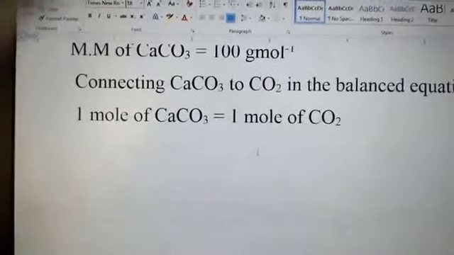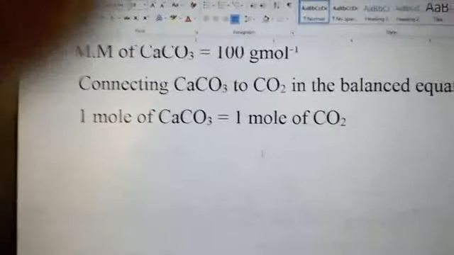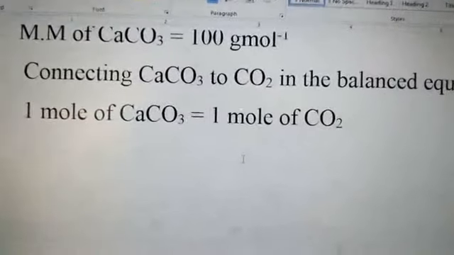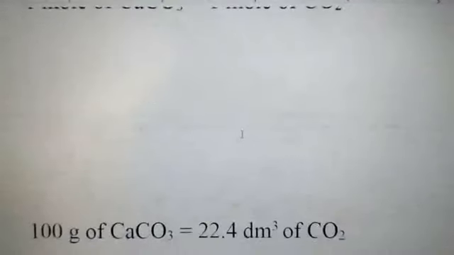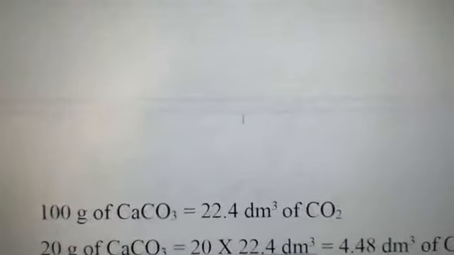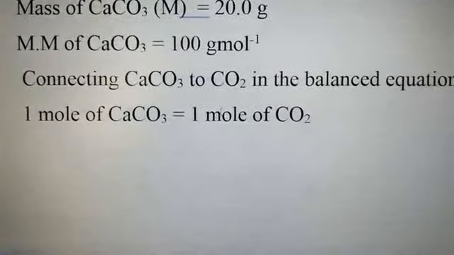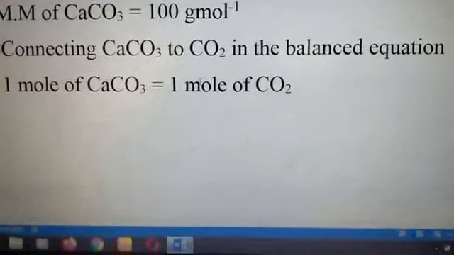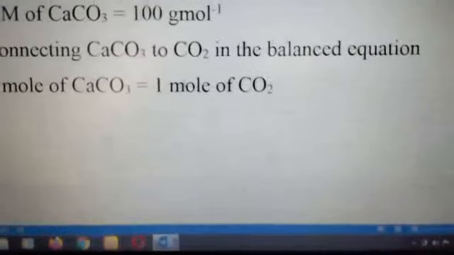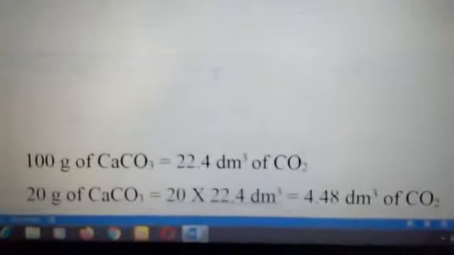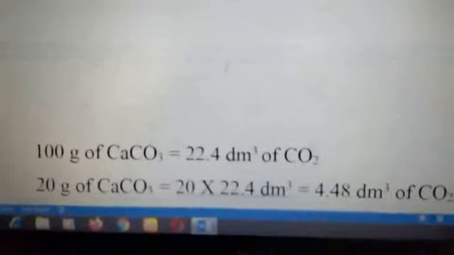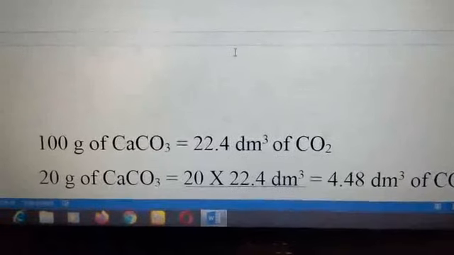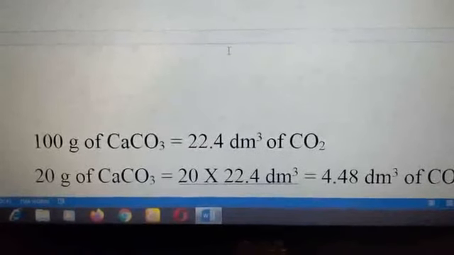Then changing the 1 mole, because we know that 1 mole of a compound is equal to the molar mass, changing 1 mole of calcium carbonate to mass means replacing the 1 mole with the molar mass, say 100 grams of calcium carbonate. Then for CO2, change the 1 mole to volume, since we're looking for volume, not mass. I change 1 mole of CO2 to 22.4 dm cube, because 1 mole of a gas occupies this volume at STP, 22.4. So 100 grams of carbonate gave us 22.4 dm cube of CO2.